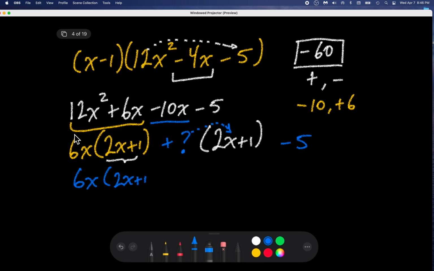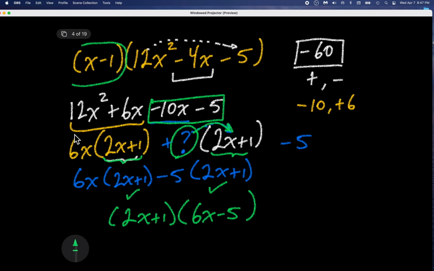Now I can factor out the 2x plus 1. And we don't want to forget this initial x minus 1. That's your final answer.